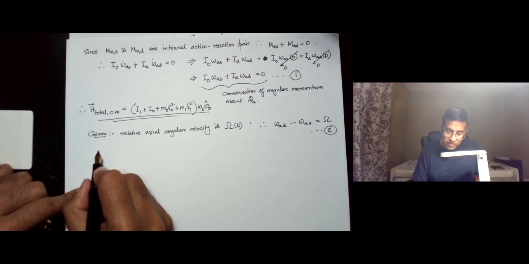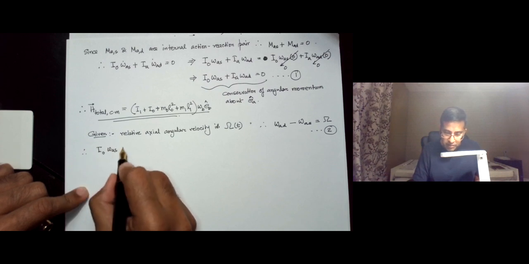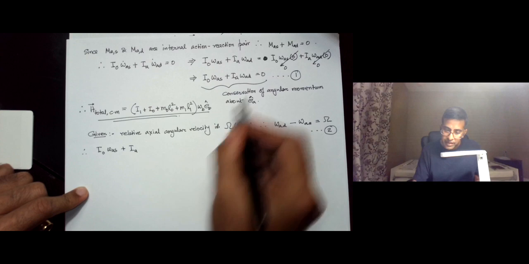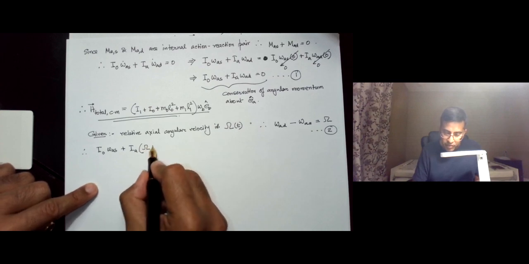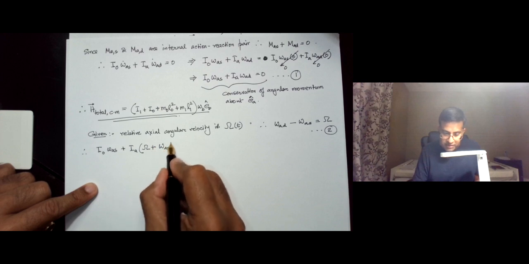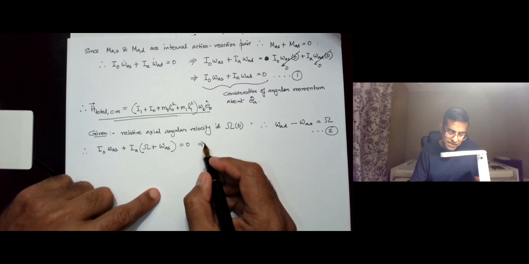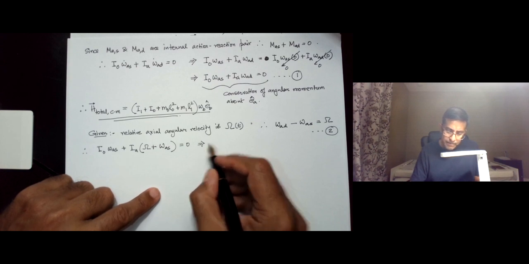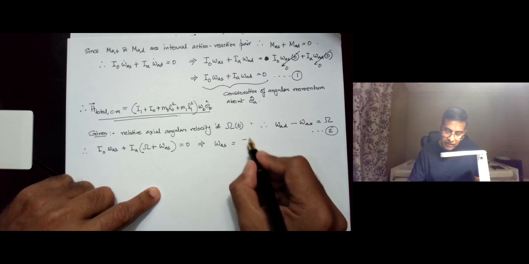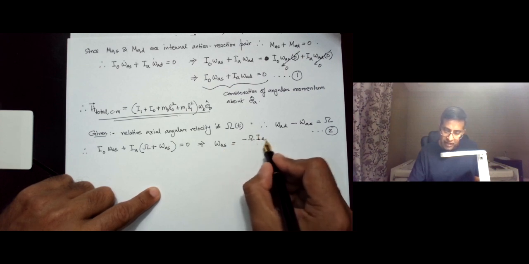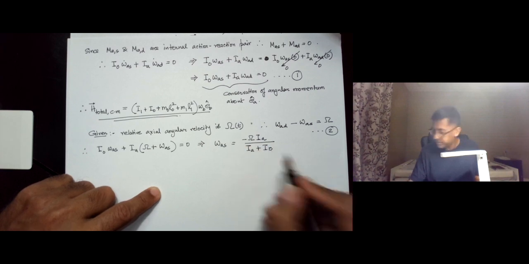So you can, for instance, say that I0 omega AS plus IA times (capital omega plus omega AS) is equal to 0, which means that omega AS is equal to negative omega IA divided by IA plus I0.